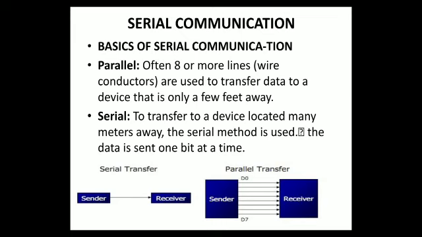Therefore, it is not preferred for long distance transfers, because long conductor wires are incapable of carrying charges over a very large length, and decay of charges may happen because of the capacitance between two conducting wires, so charge leakage will happen when the length is very large. Therefore parallel communication is not preferred for long distance communications.